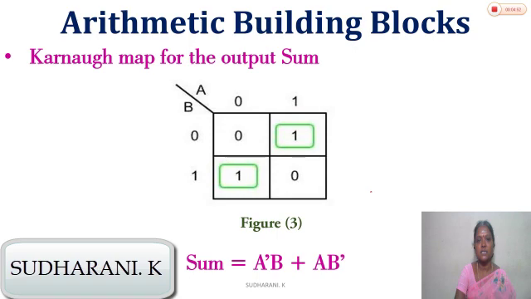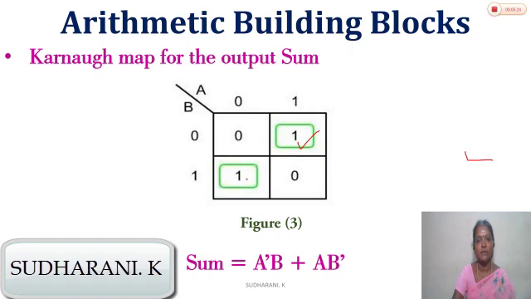The next is we need to frame the Boolean expression. Then the Boolean expression may be simplified to arrive at an optimized logical circuit, and finally the logical circuit will be constructed. So let's start with the Karnaugh map for sum. Here this is the Karnaugh map for sum, and here we have two ones.